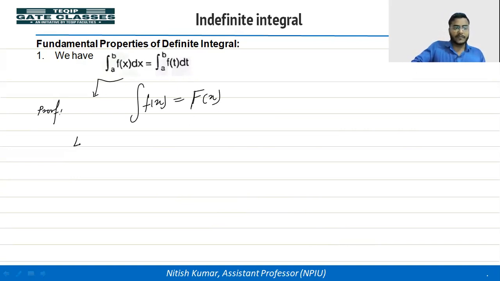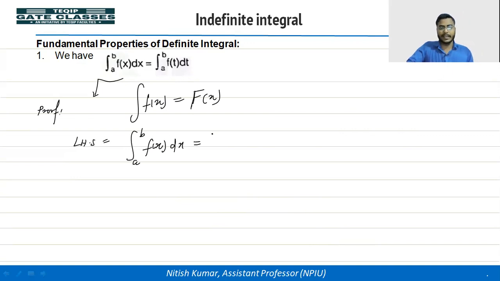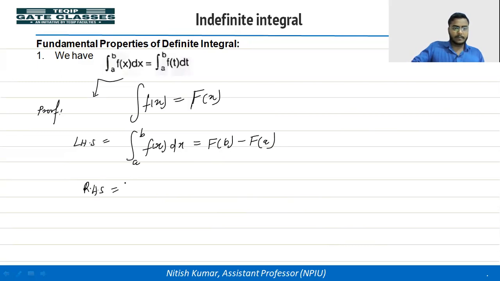Now, from the left hand side, integration a to b of f(x) with respect to dx, we can write F(b) minus F(a). We can write or not? We can write. And from the right hand side, a to b of function of t with respect to t.